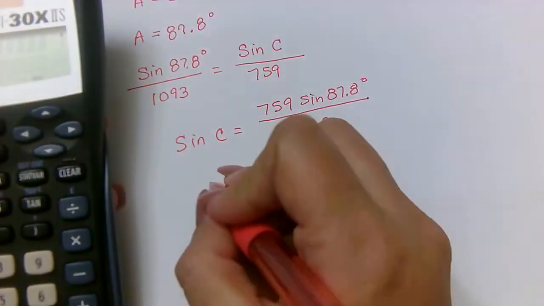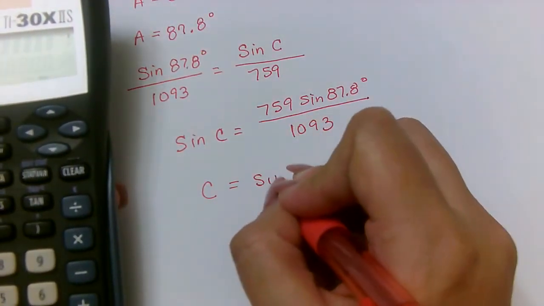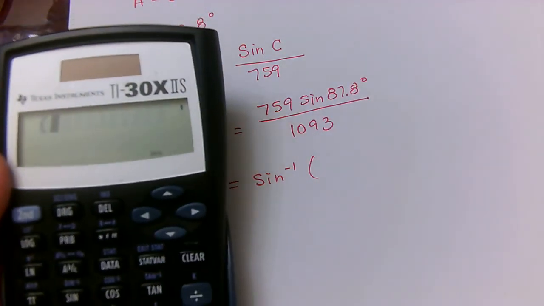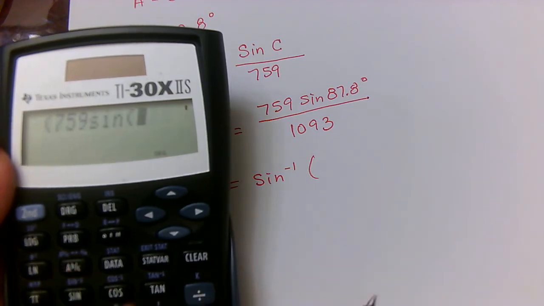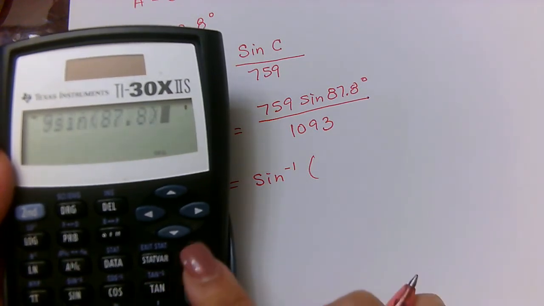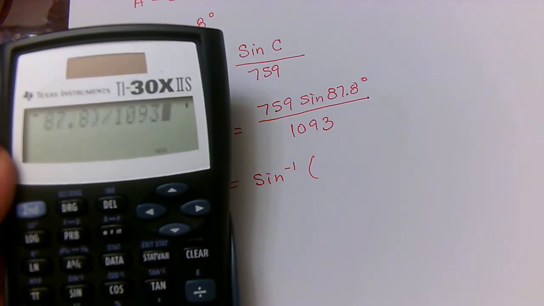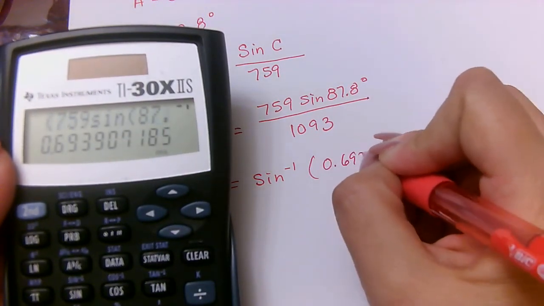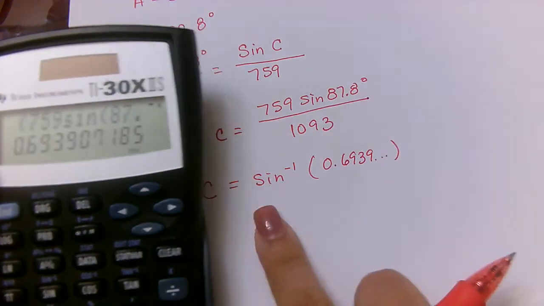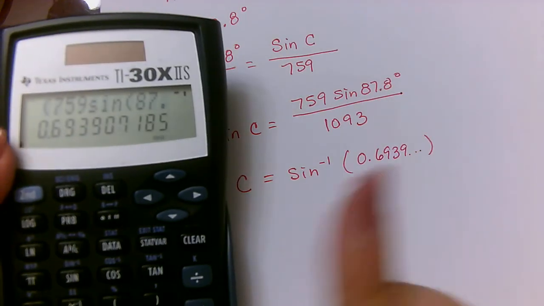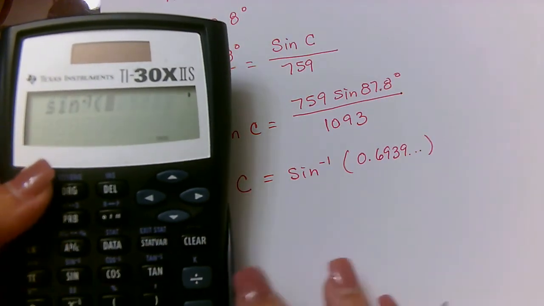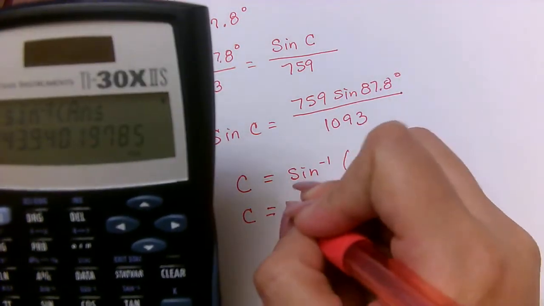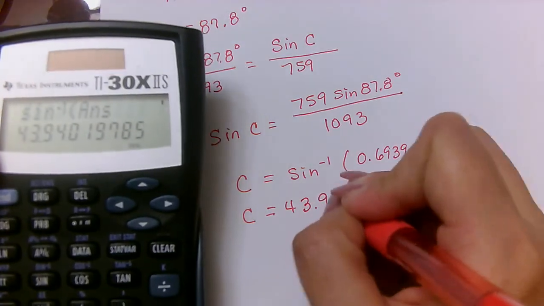Okay, so C is going to equal the inverse sine of this ratio. Let's plug that in. Okay, 759 sine of 87.8 divided by 1093. Okay, I'm going to get a ratio of 0.6939. And now I'm going to go ahead and take the inverse sine of that ratio. So second sine, second answer, and I get C is equal to 43.9 degrees.